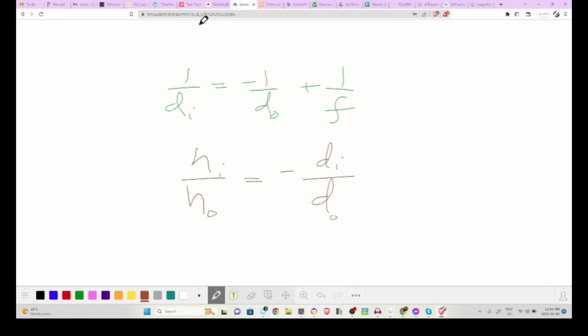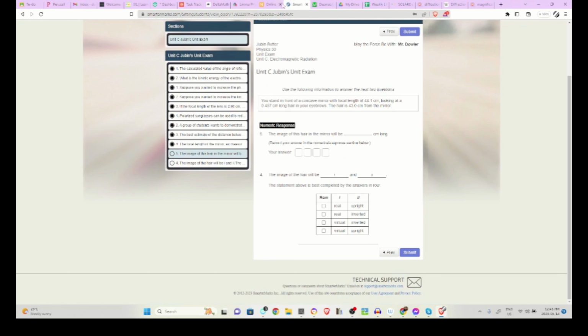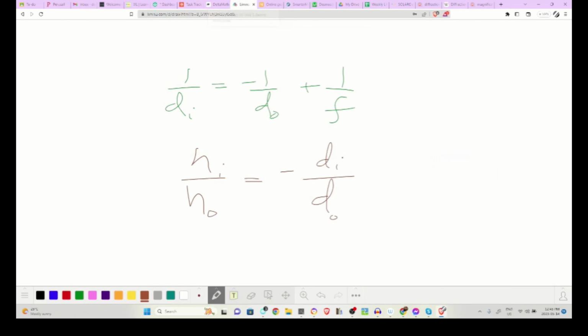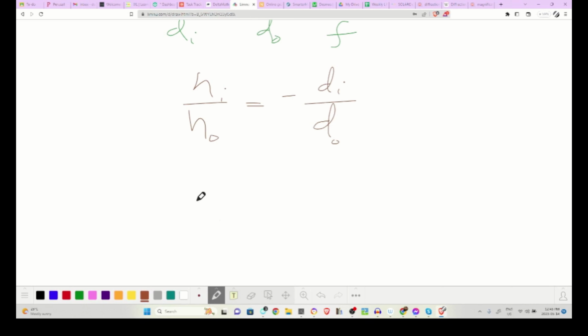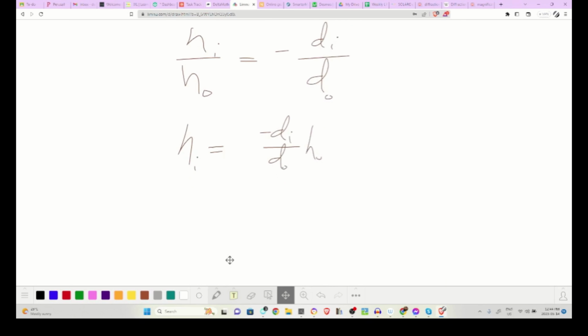All right, so we want to find the height of the image. So HI is negative DI over DO times HO. The distance to the image.